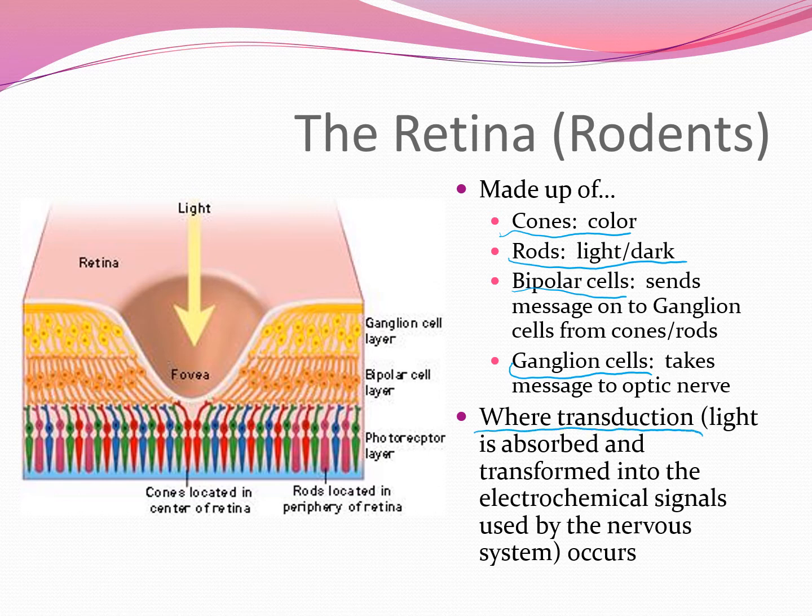You've heard me say transduction a lot this unit. It's extremely important when we talk about the eye and the ear because sound waves and visual waves cannot be read by the brain, so you must transduce them into an electrical impulse that the brain can understand. And so in the eye, it happens in the retina. So we talked about transduction, where light is absorbed and transformed into electrical-chemical signals used by the nervous system.